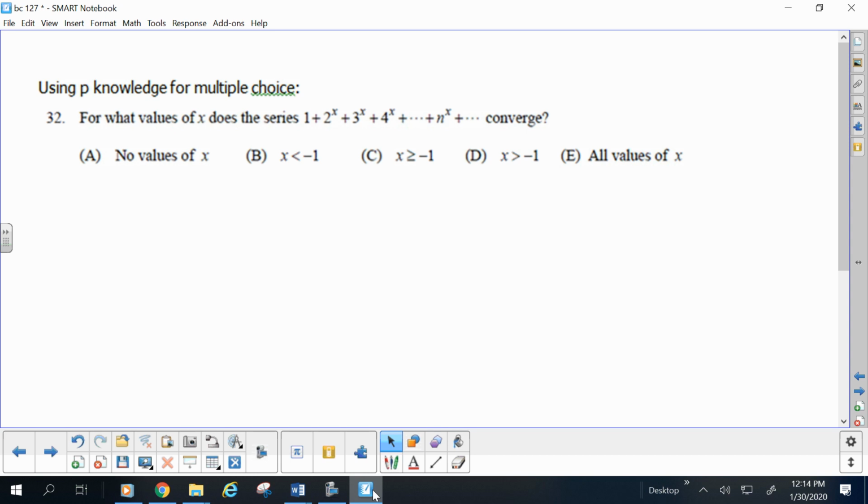Because otherwise it will be n over n to the 1 half. Oh wait, so that would equal... So if k is greater than 0, we get n over n to the 1 half.